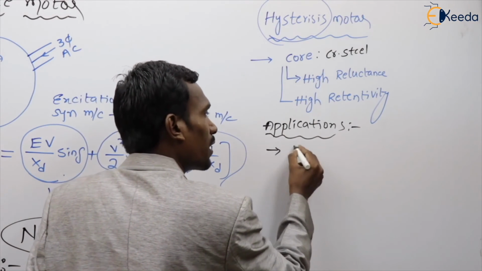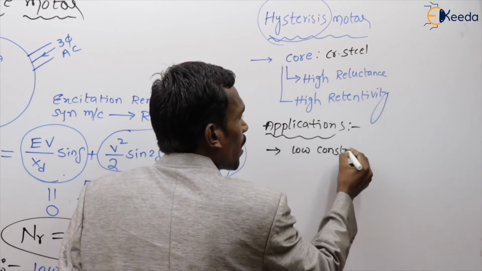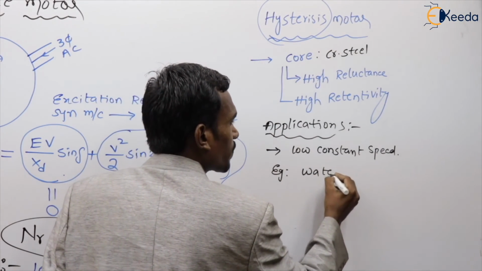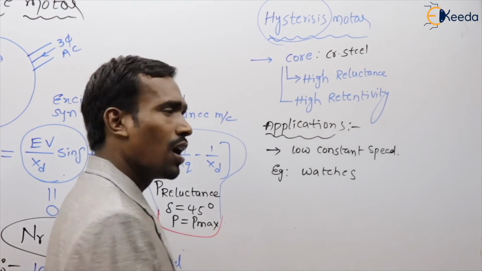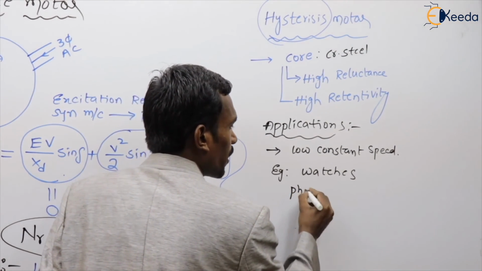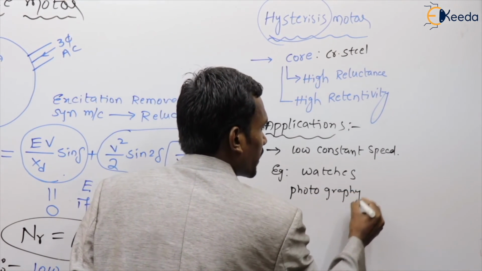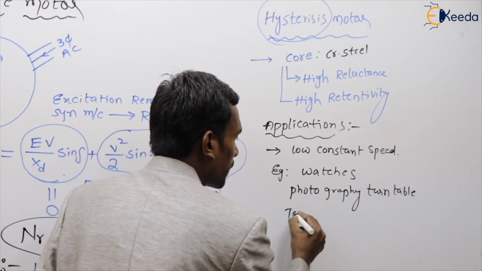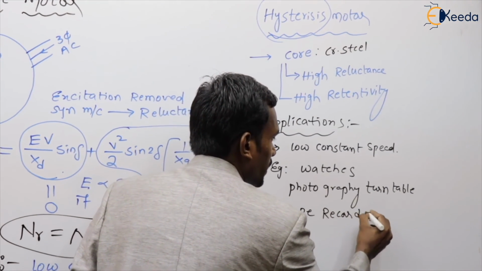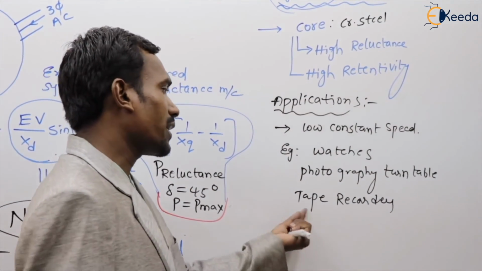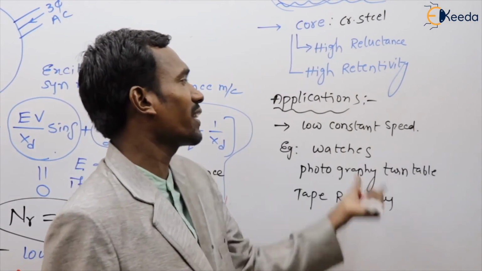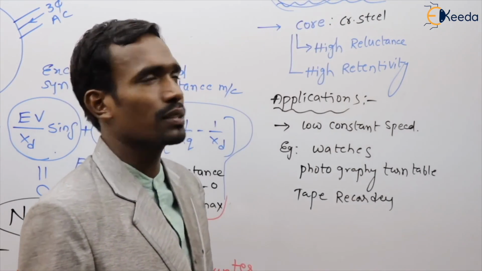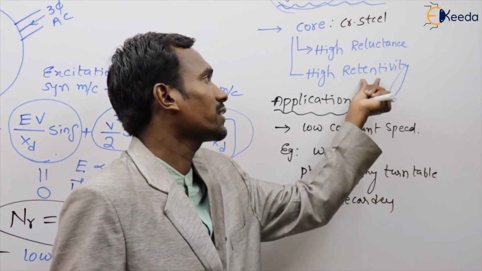Generally, the hysteresis motor is used for low constant speed applications. Examples: watches, wristwatches, photography turntables, and tape recorders, etc. These are the applications of the hysteresis motor, which works on the hysteresis principle, with the core made of chromium steel having high reluctance and high retentivity.